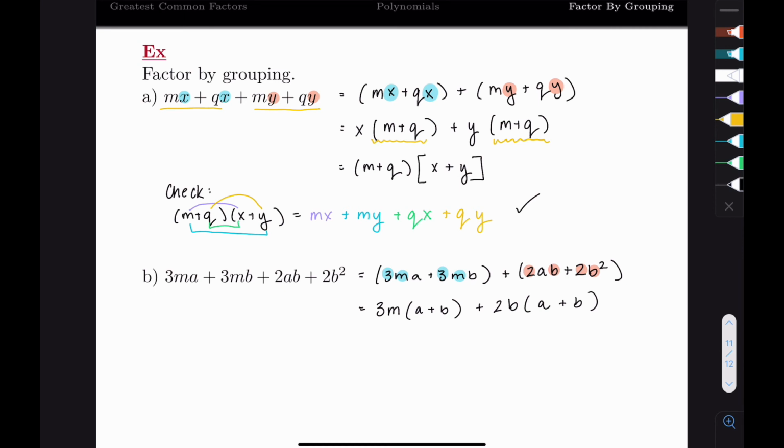And now within this, we have 2 terms, they both have this factor of a plus b in common. So now we can take that out of our expression, and we're left with 3m and 2b. Okay. And again, we could FOIL it to check that, yes, this is the right thing. We get the same thing back, but it is going to be correct.